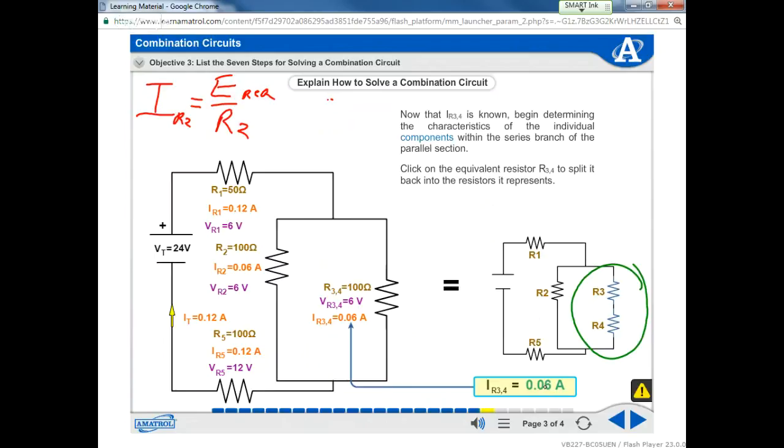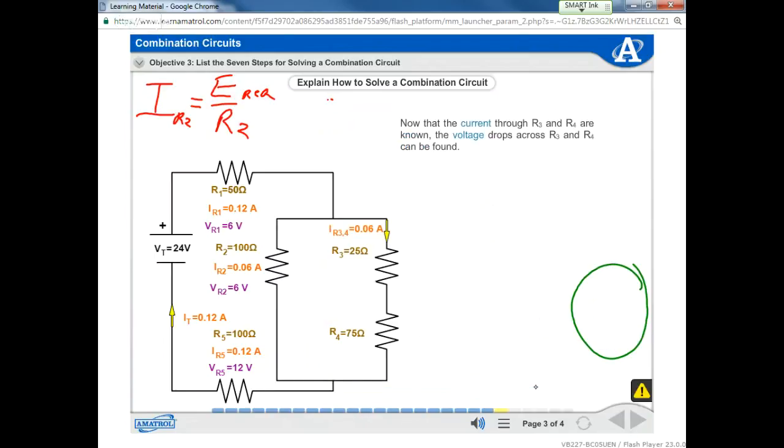We're going to use IR3, 4, because that's what's going across that individual branch. And we know what our voltage is at that point: VR2 is going to be 6 volts. So let's place this in there.